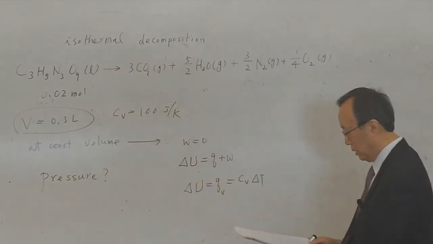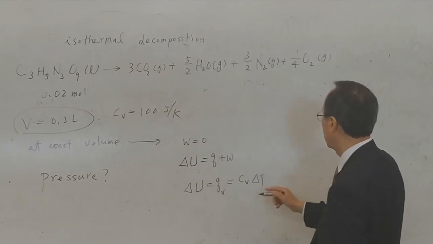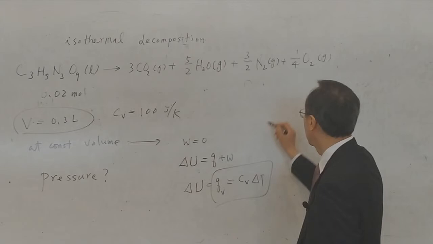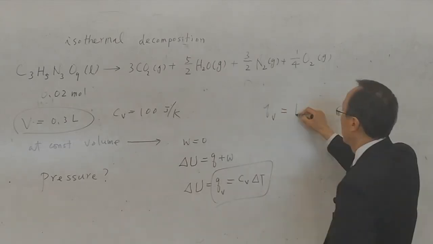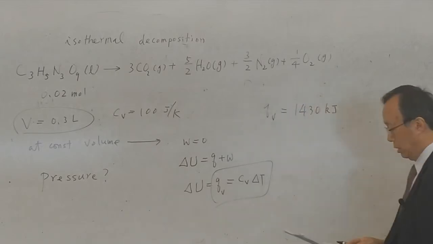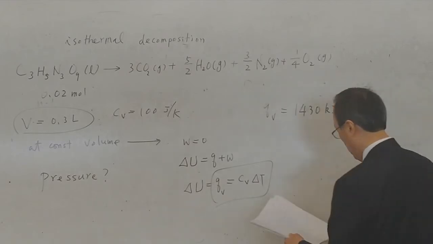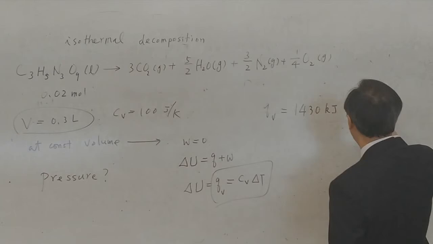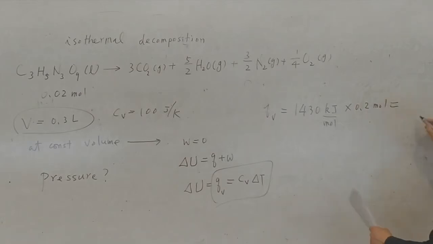CV delta T, the heat released QV, equals 1430 kilojoule times 0.2 mole, which equals 286 kilojoule.